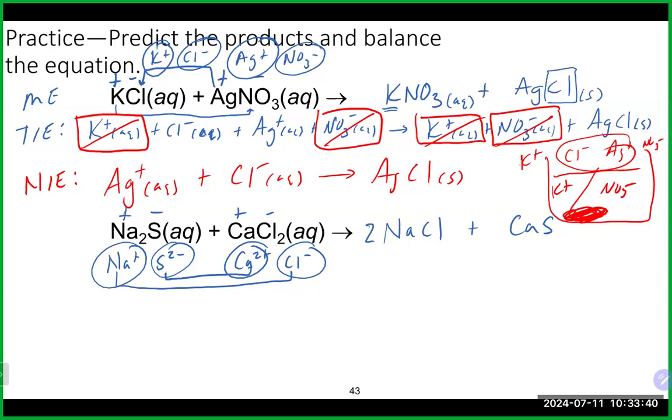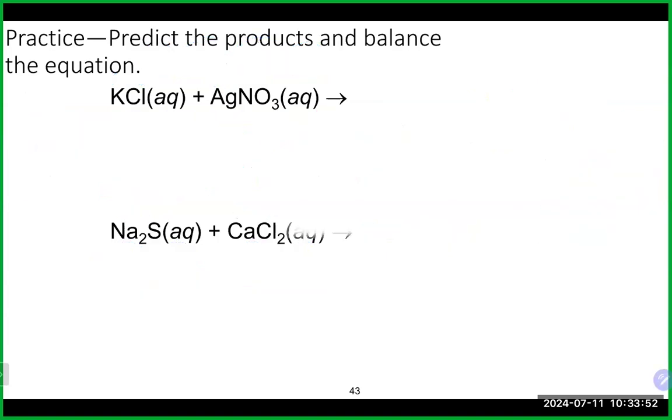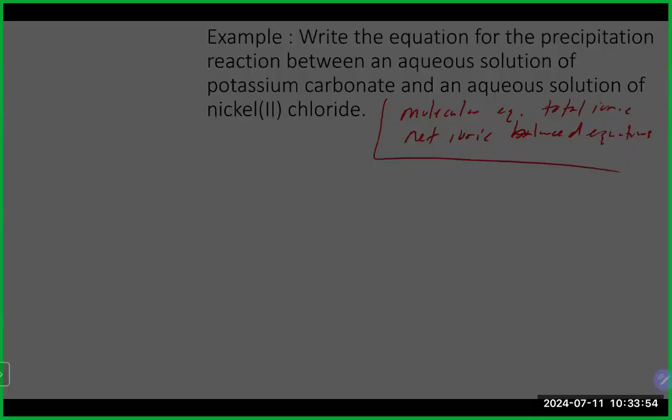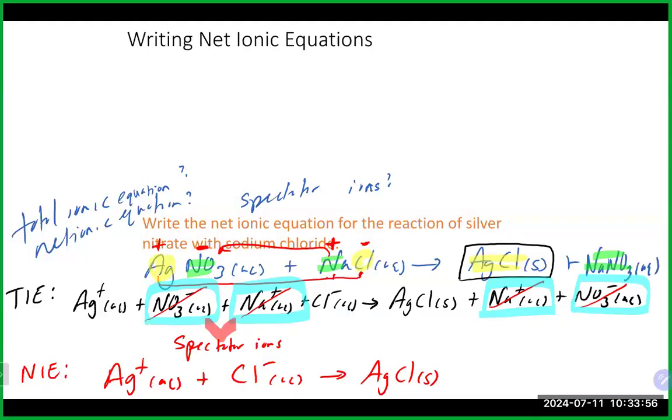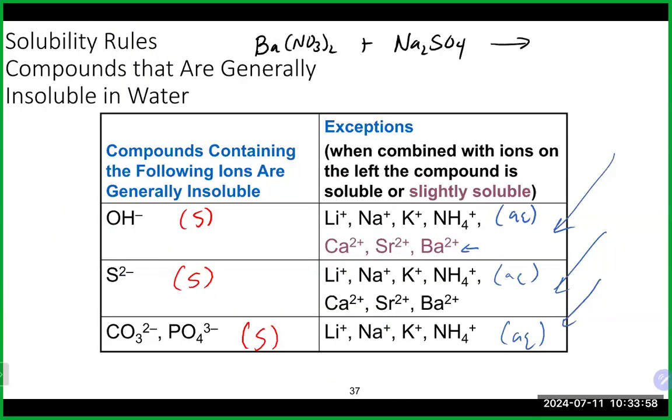Using our solubility rules, sodium chloride: sodium is as far as we need to look, so that is going to be aqueous. If we look at sulfide here, and we back it up so we can see it there, our sulfide is right here, and it is typically insoluble.